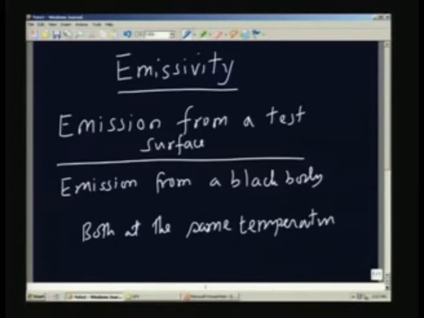This is very important to remember, that this ratio, which we will represent as epsilon.